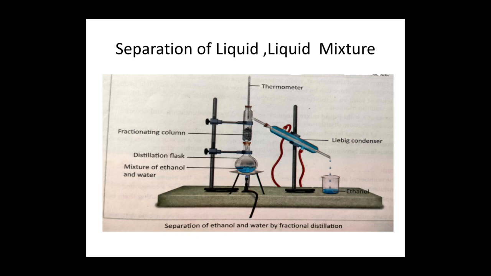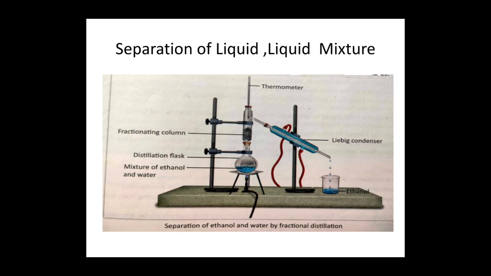Now afterwards I am going to explain the separation of a liquid-liquid mixture, that is two miscible liquids, by fractional distillation. Two miscible liquids with even a small difference in their boiling points can be separated by the process of fractional distillation. A small difference in boiling point means a difference of less than 25 degrees centigrade.